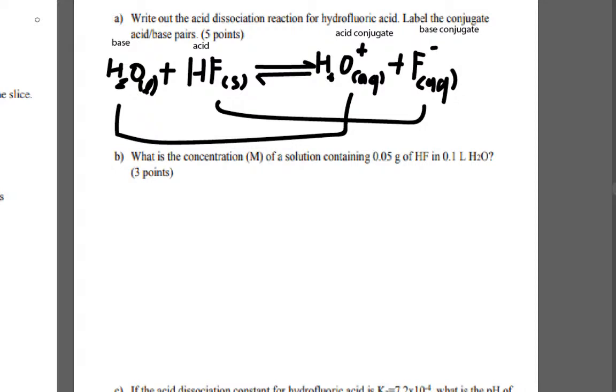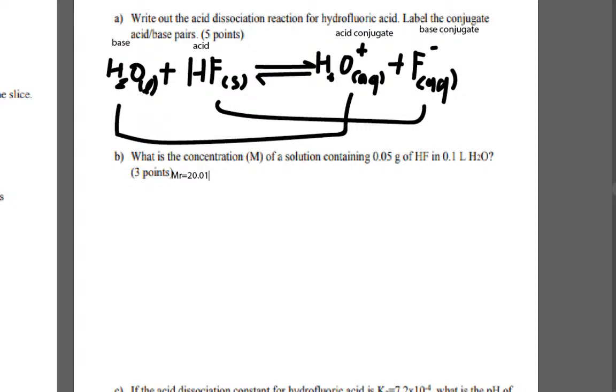Add them up with the fluorine, which is 18.9984. So you will get something like around 20 for the Mr. So the Mr would be like 20.01 grams per mole.